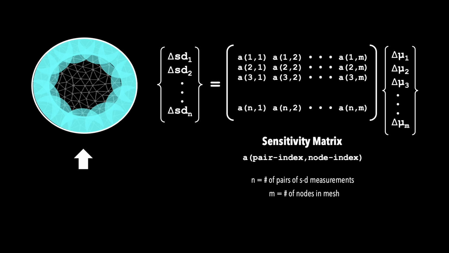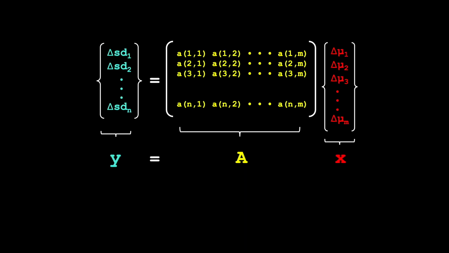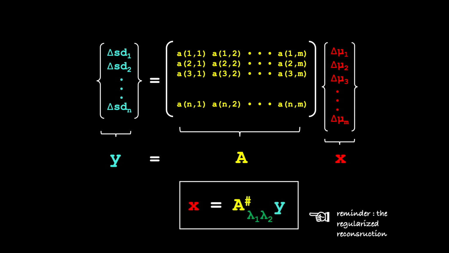We can write this expression more concisely by introducing the variable y for the source detector measurements, x for the absorption changes, and A for the sensitivity matrix. These are the quantities that appear in the regularized reconstruction. However, as formulated, the known and unknown quantities are reversed.